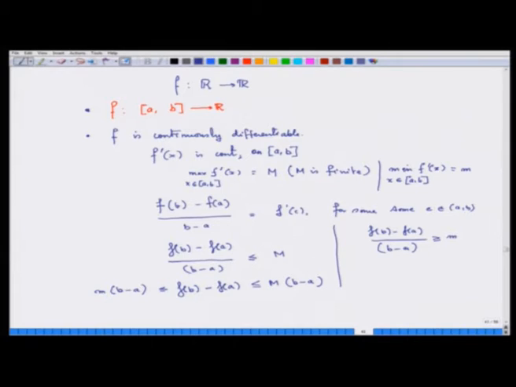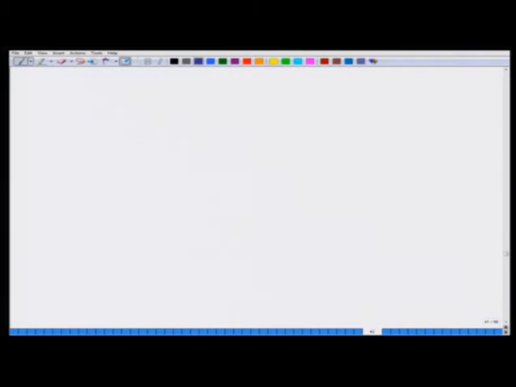So, this is a fact that you can get immediately from the mean value theorem, but what does it tell? It does not tell me anything more. Now, if you have f b minus f a by b minus a, you can write this as f dash c.